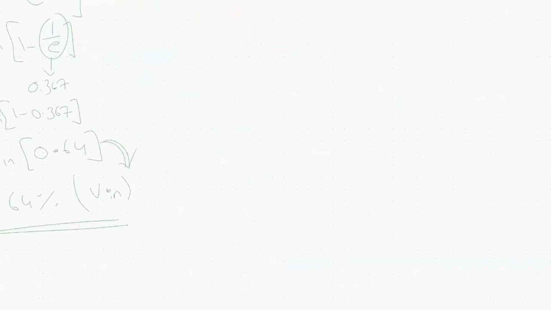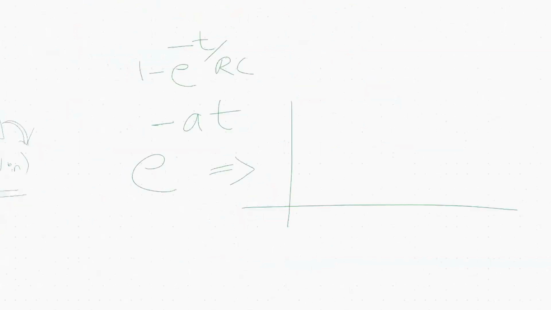And we talked about one other way to determine how this plot looks, right? That is 1 minus e to the power minus t by RC. So how is your e to the power negative t plot?